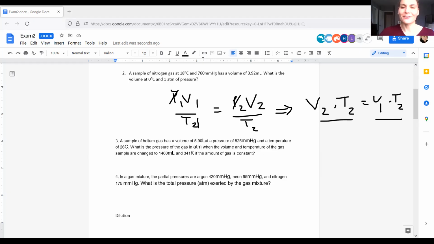So it should be T2 times V1, and then divide by T1, and that cancels out. When we went to do this number here, what did you guys get as your new volume?